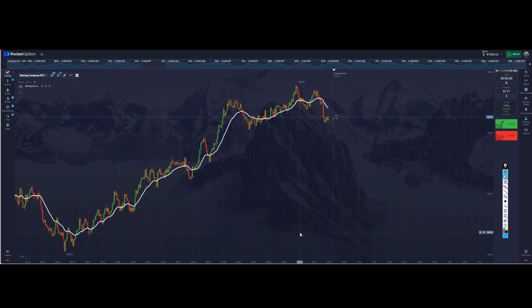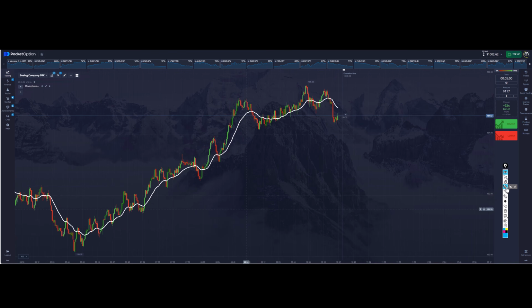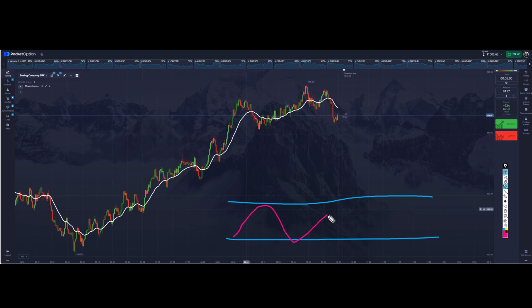There's a couple ways. The first way is to realize, when does a trend start? Well, because of our knowledge of price action, we know that the trend starts when it breaks out of a range. Let's say we got a range here, and prices have been bouncing through in the range.